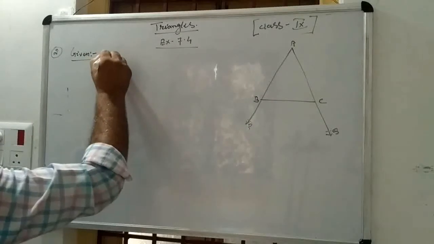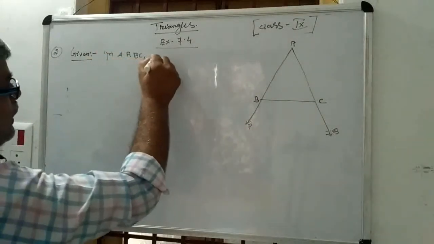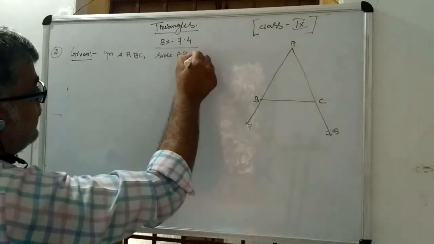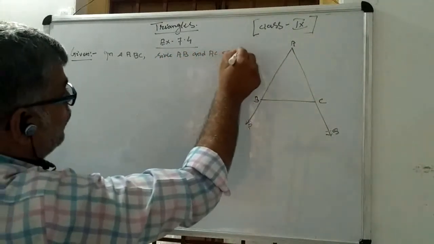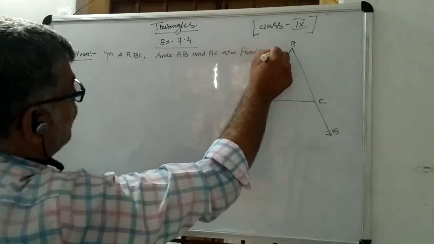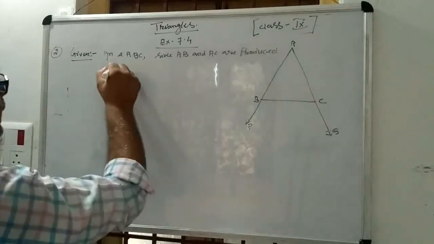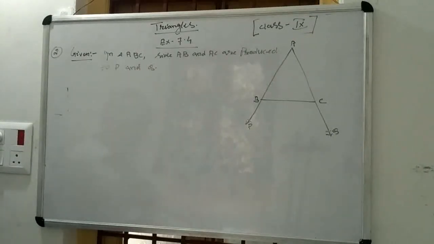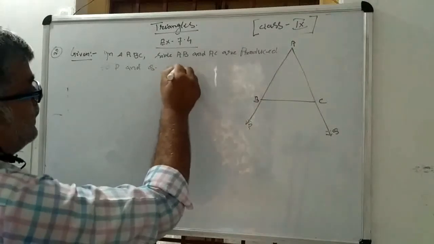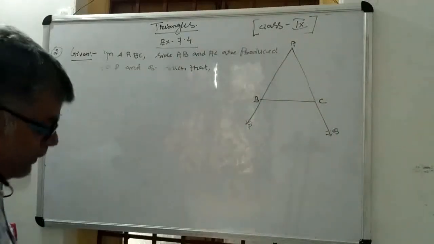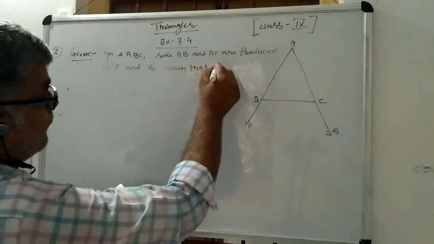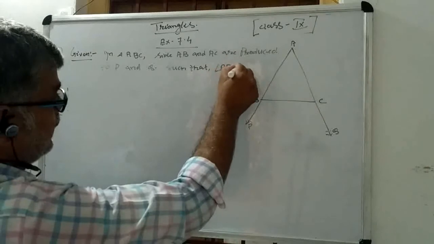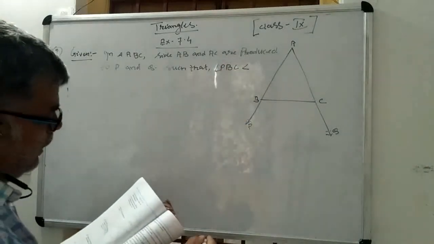In triangle ABC, sides AB and AC are produced to P and Q, such that angle PBC is less than angle QCB.